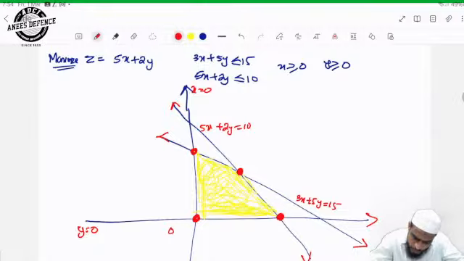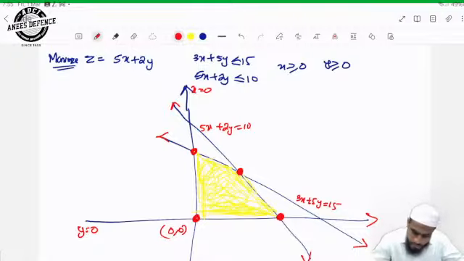This is 0, 0, and this point is A, 2, 0.